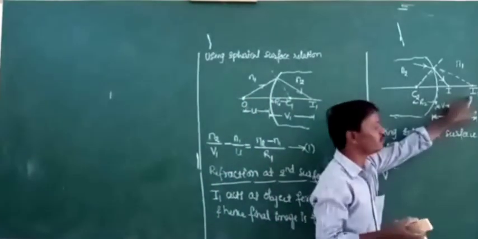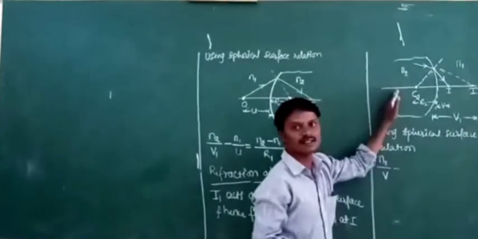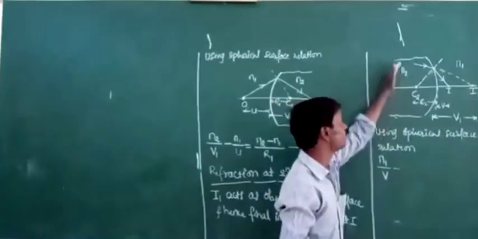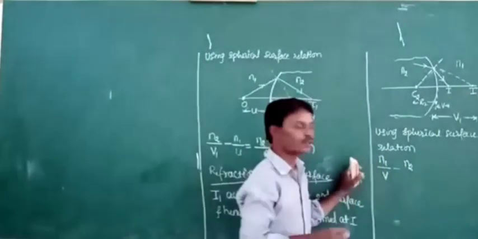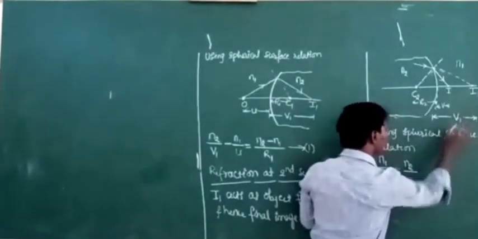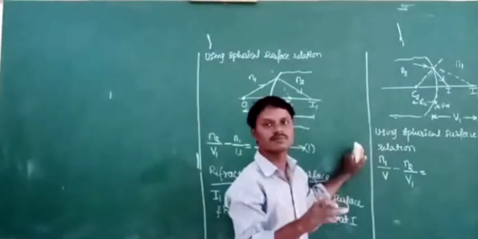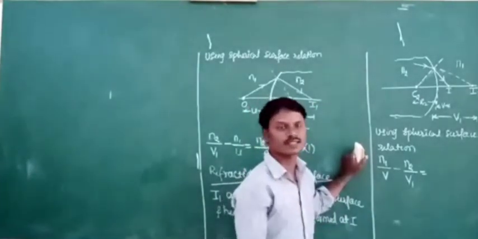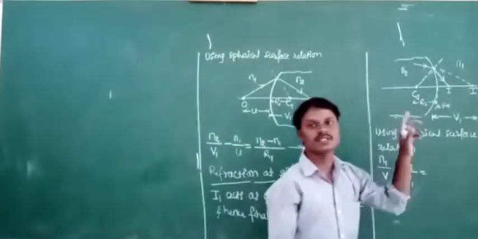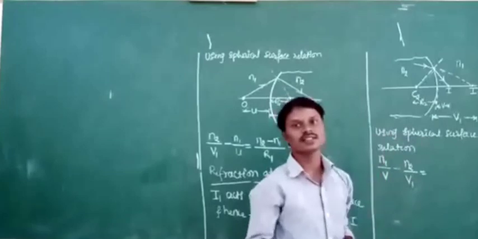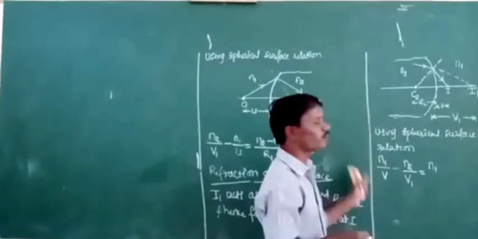Where is this I1? I1 is the object for the second surface, and it is inside the lens. So the refractive index of the object space is N2, divided by object distance V1. That is equal to the refractive index of image space minus the refractive index of object space.